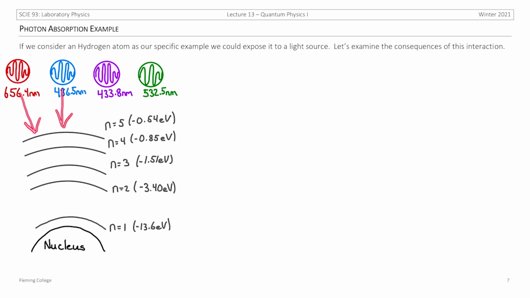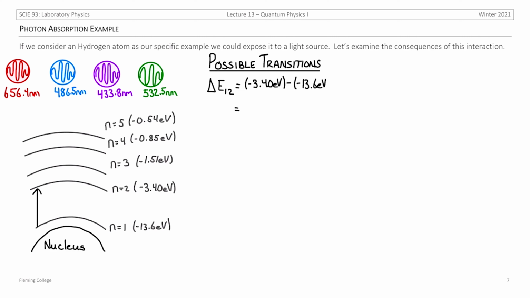We're going to see if any of these photons would be absorbed by the electrons surrounding our hydrogen nucleus. To do this, we have to consider the possible transitions. While this isn't an exhaustive list, let's look at 3. We could consider an electron going from the first level to the second level, and that would require 10.2 electron volts of energy.